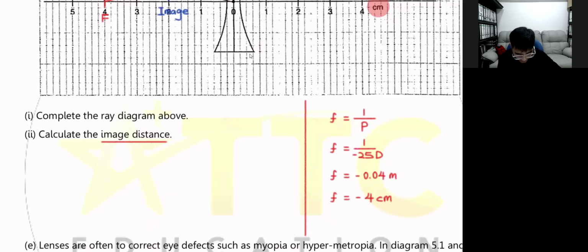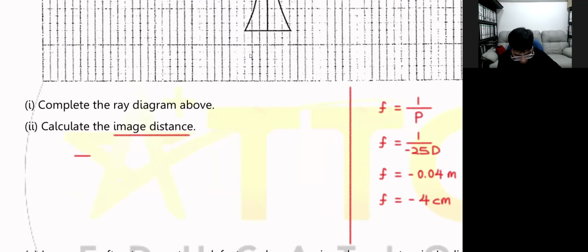Do you still remember how to write the lens formula? If you forgot, go home and revise. 1 over F equals 1 over U plus 1 over V. That's the formula we call the lens formula. Make sure you remember because it is very important.